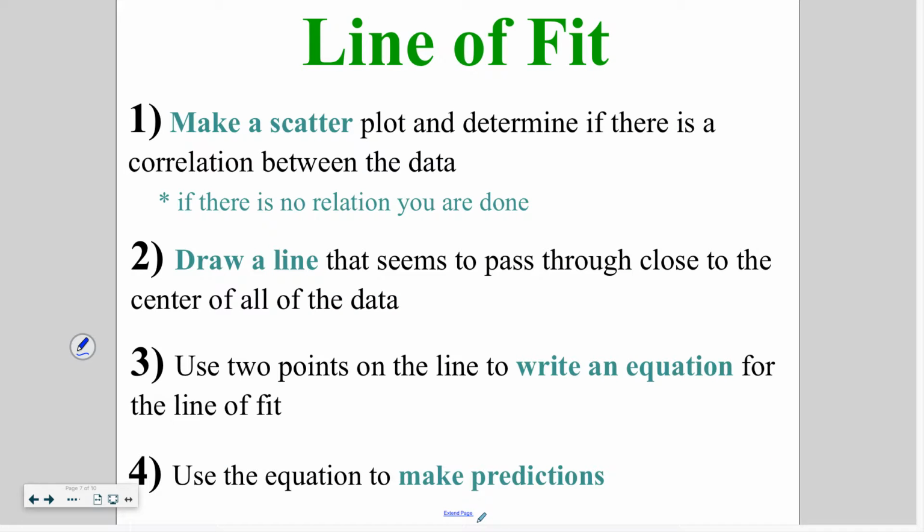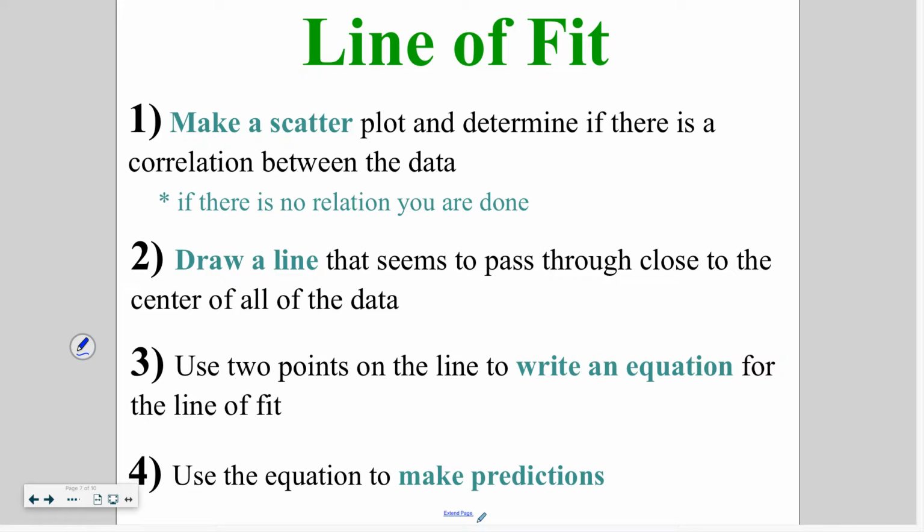The other thing that we're going to do in this lesson is make a line of fit. The first job that you have is to make a scatter plot and determine if there is a relationship. If there's not a relationship between the data, then you're done. You can't make a prediction if there is no relationship. If there is a positive or negative relationship, you're going to draw a line that seems to pass close through the center of all of the data points.